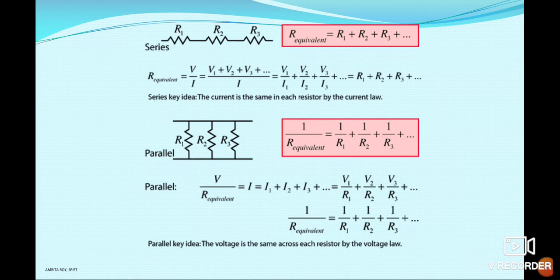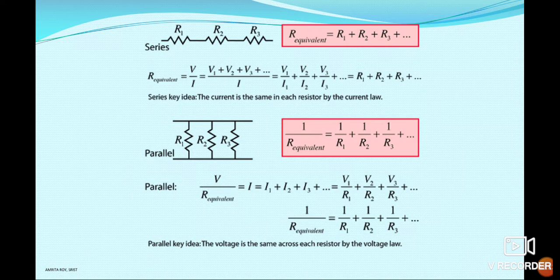Now the total voltage can be divided into V1 plus V2 plus V3 divided by I. Now V1 by I1 plus V2 by I2 plus V3 by I3. With that, we will get the individual resistors as R1 plus R2 plus R3. So we will keep in mind as a little idea that for a series circuit, the current is the same in each resistor by the current law.